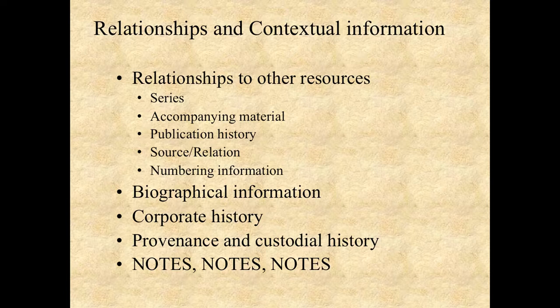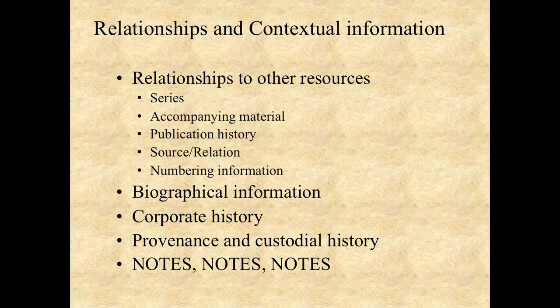Another area of core description is relationships and contextual information. So this can include things like series that the work might belong to, any accompanying material, details related to the publication history, numbering in context to other issues of a serial or items in a series. And in archives, of course, we might have all kinds of other types of relationship or contextual information.